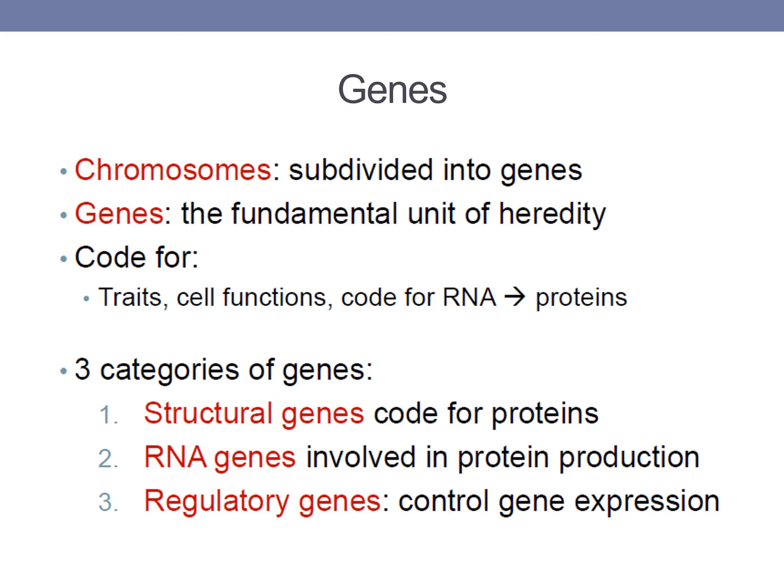And so these different categories of genes: structural genes that do code for the proteins, genes that just code for RNA that are used in protein production, and then those regulatory genes that are going to control the expression of those genes, either turn genes off or turn them on.